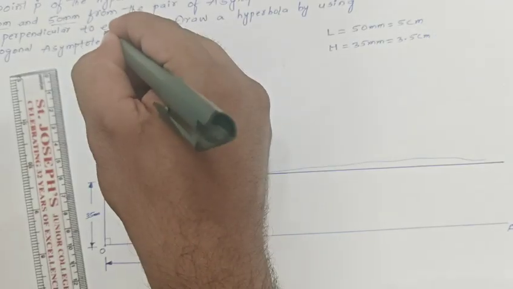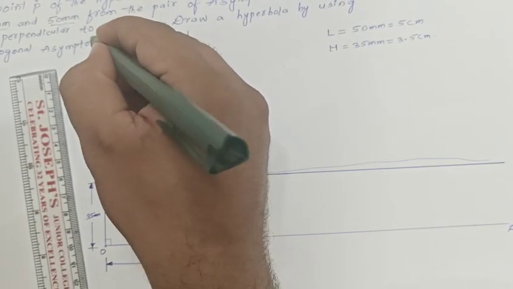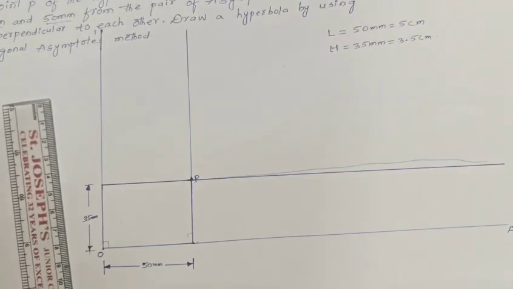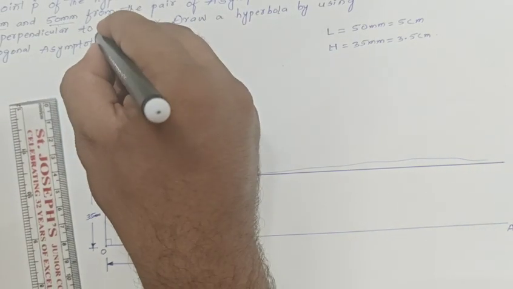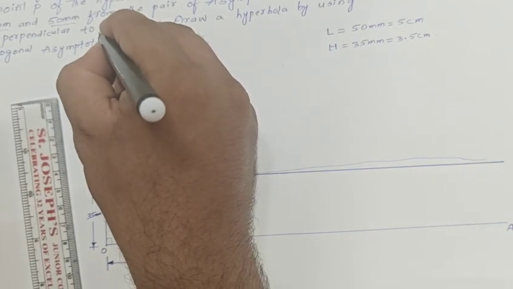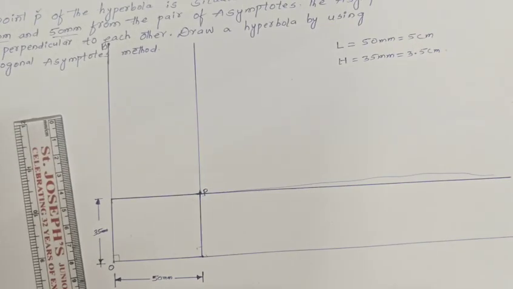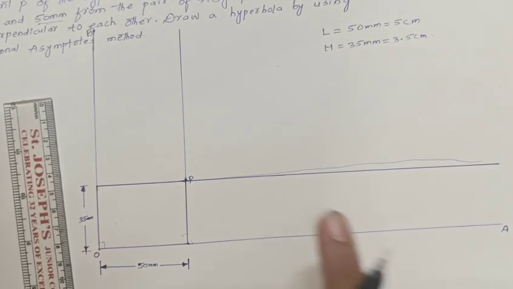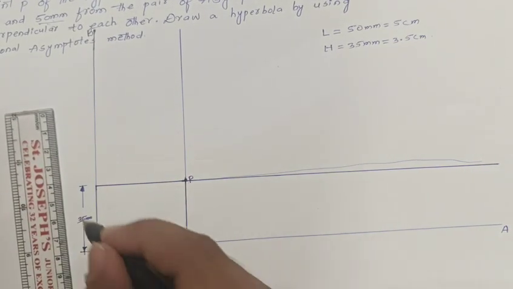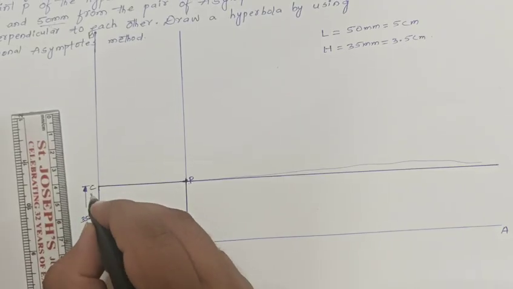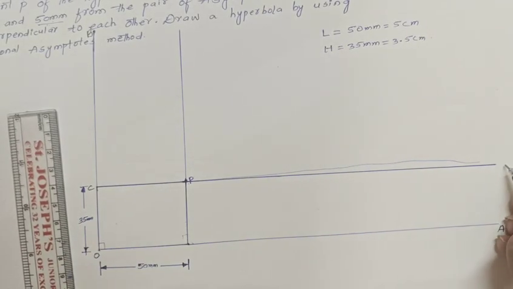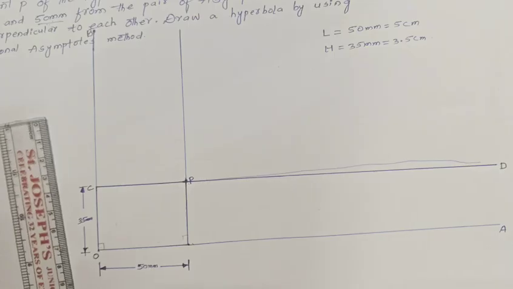I'm using the black pen. This is A and this is B. This point is C and this point is D. Clear?